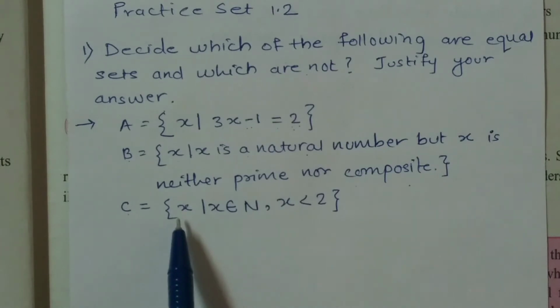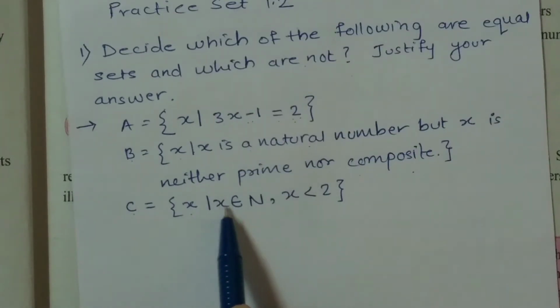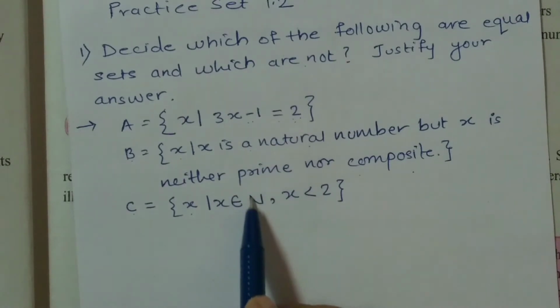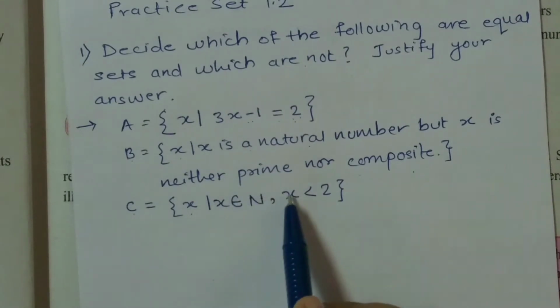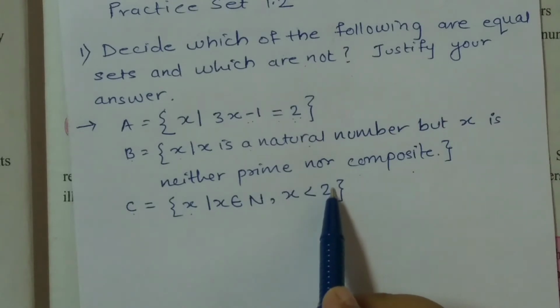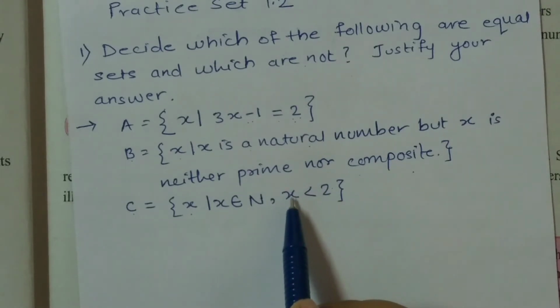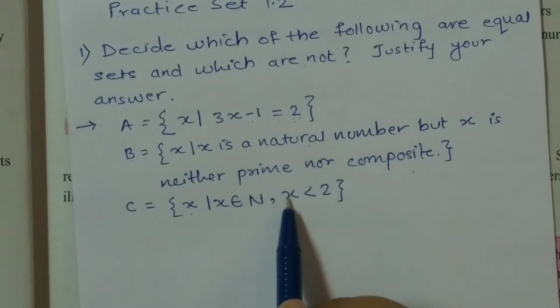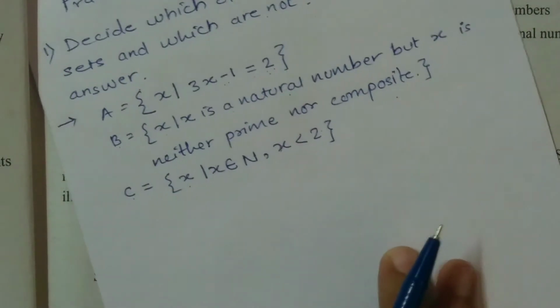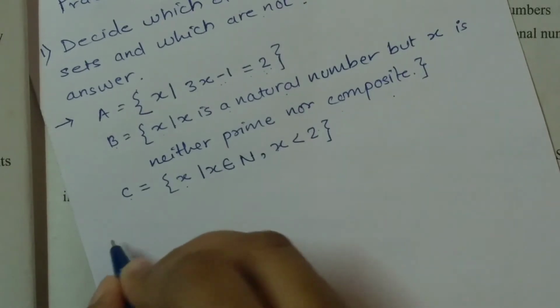C is the set of all x such that x is an element of the set of natural numbers and x is less than 2. Which number is less than 2? 1. First we are going to write these in listing method and we have to justify our answer.